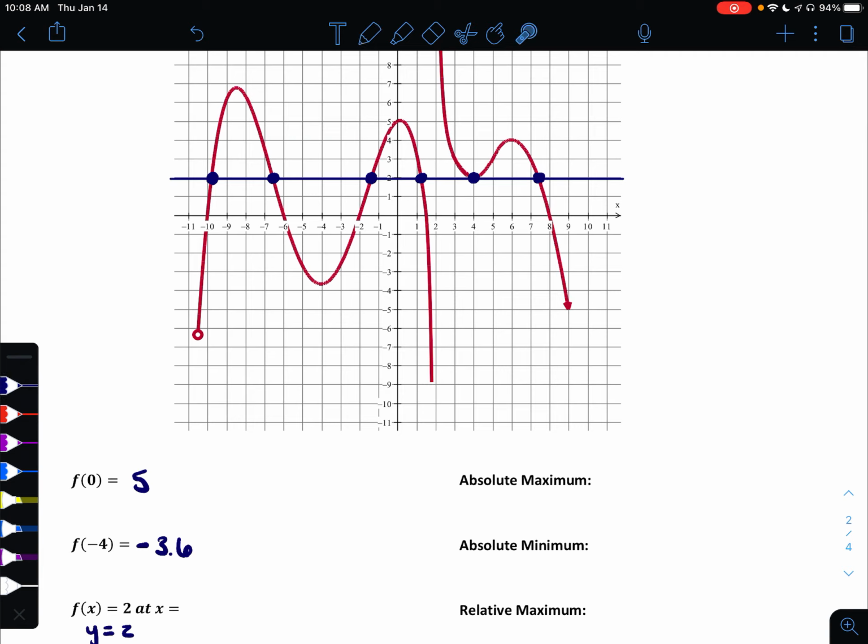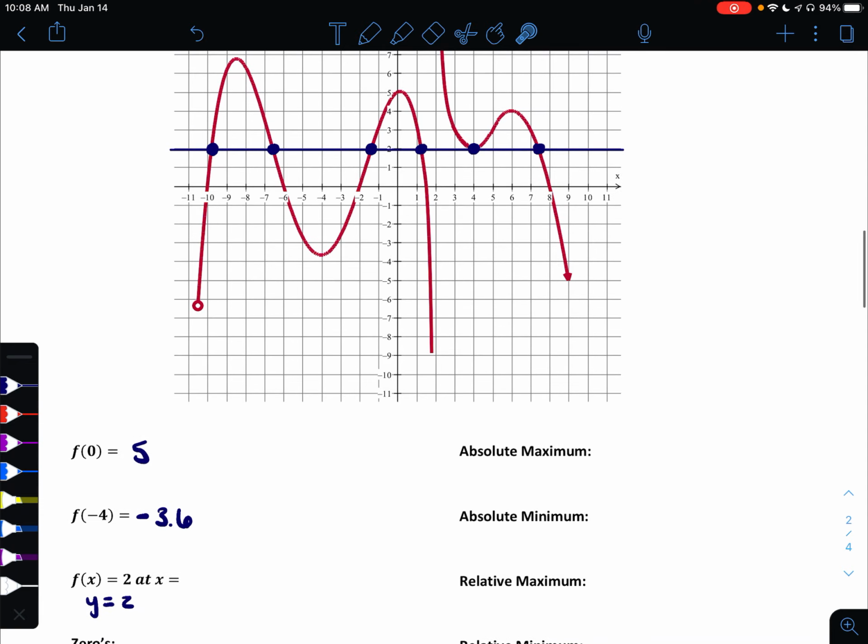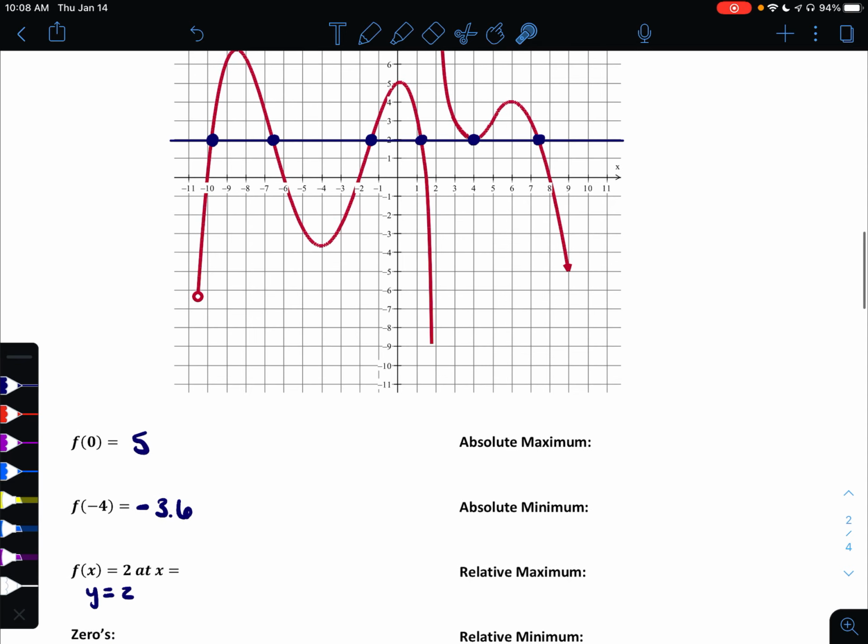Okay. So all of these points right here will be solutions to this question of where does f of x equal 2? And we're just going to have to estimate our x values the best we can. So just looking at these, I would say this is approximately -9.8 for the first one.